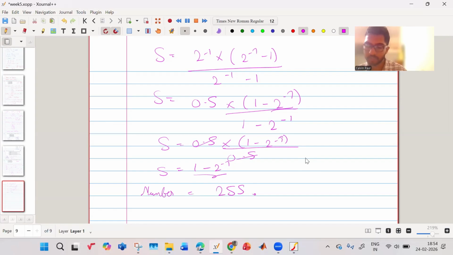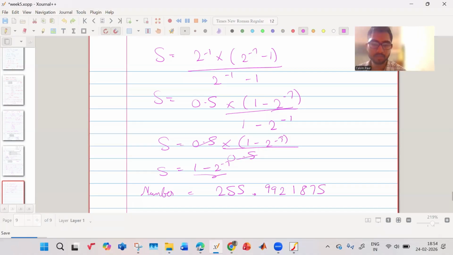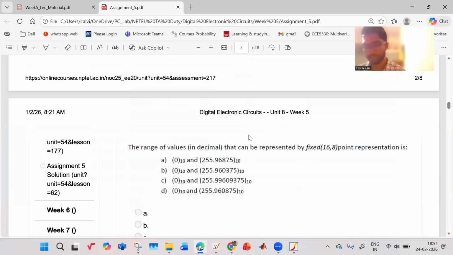And into minus 1 plus 1, that is 0.9921875. So it will be 255.9921875. Okay, so this is the answer. Let us check the options. Oh, we are not getting that option.